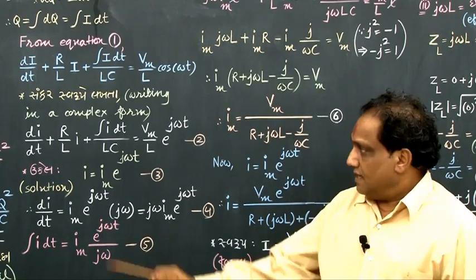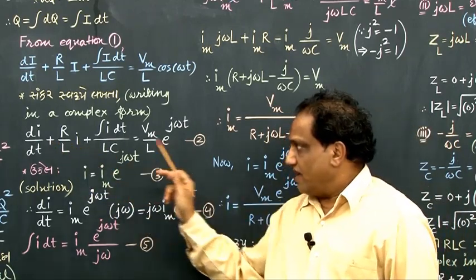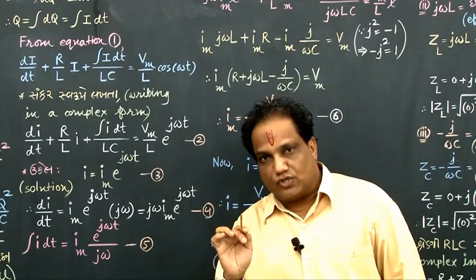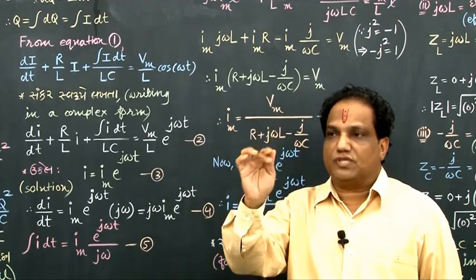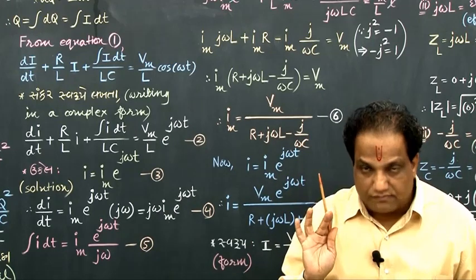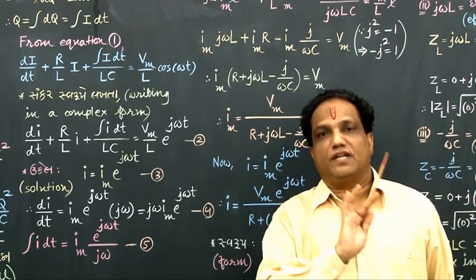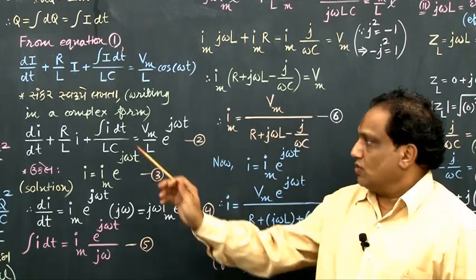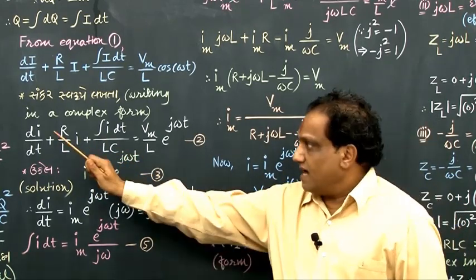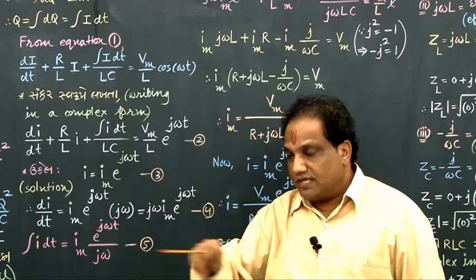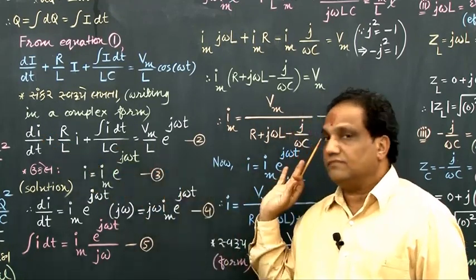Correct? What do you mean by the solution of any equation? The solution of any equation is that value which, when you substitute it in the given equation, should satisfy that equation. So here the solution of this differential equation means that value of i which can satisfy this equation.